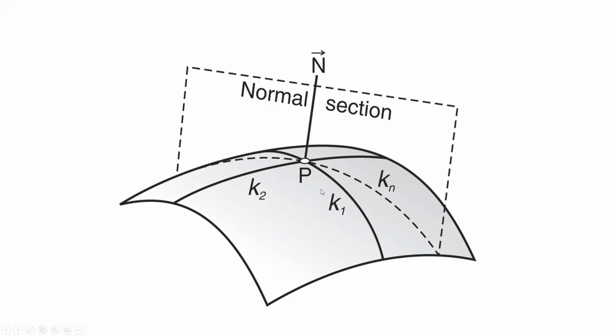For instance, K1 is the maximal and K2 the minimal. This is a classic subject, studied in a basic course in differential geometry. If these values are different, any other direction lies between the directions where the surface bends in an extremal way.